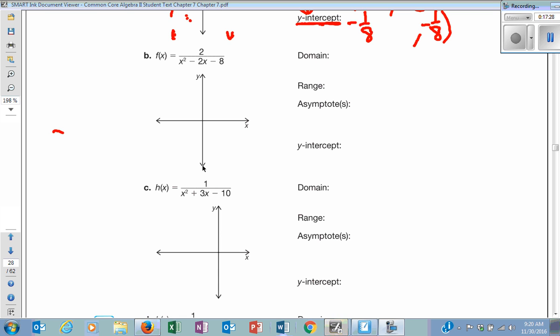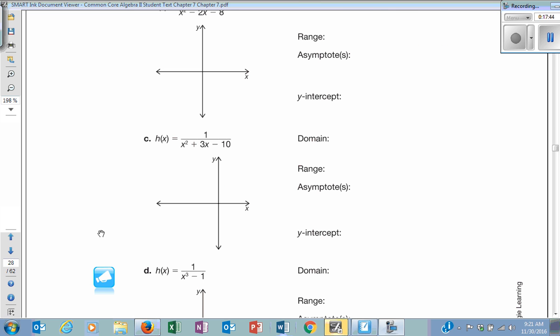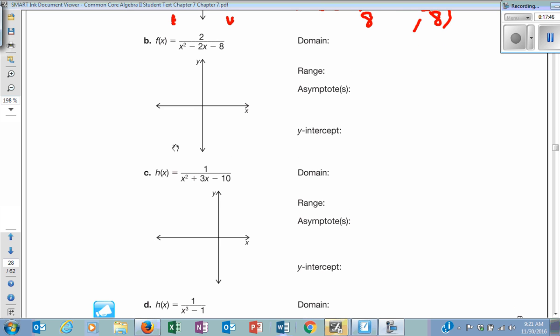You're going to make an x and y chart. You're going to find the vertexes or the asymptotes. Make an x and y chart, find out where these graphs are located, and just draw a sketch. Maybe I'll do one more with you. Let's try C.